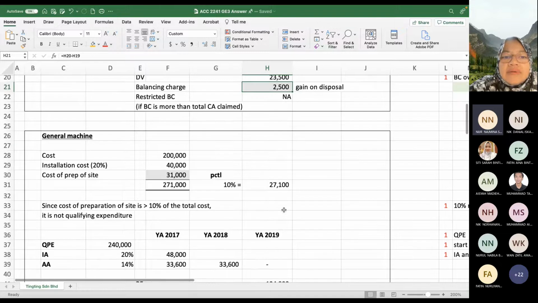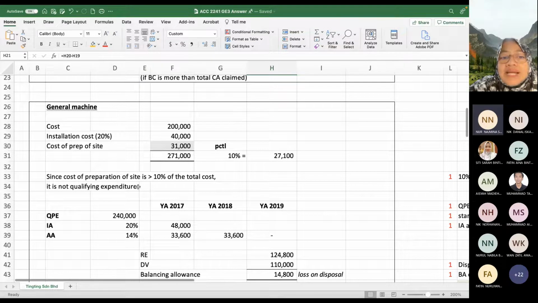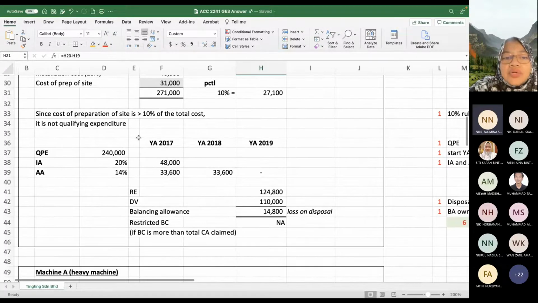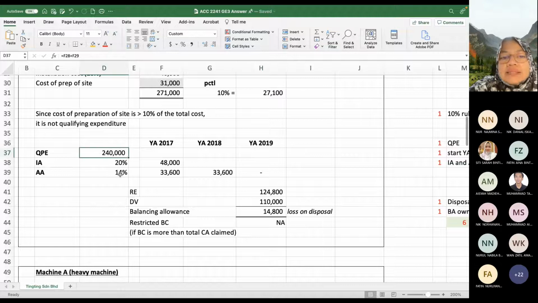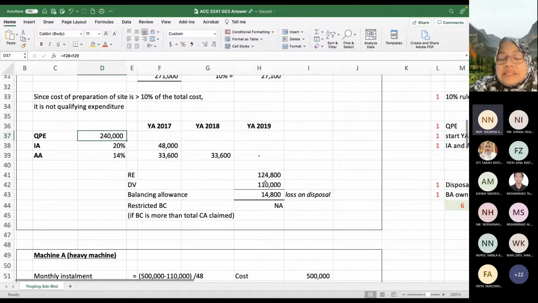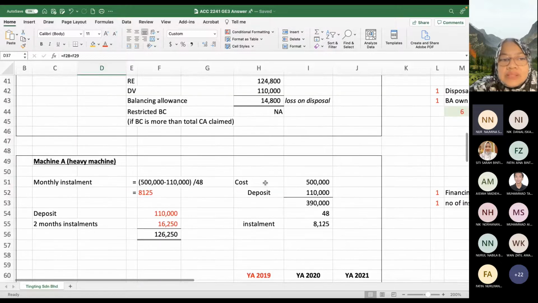If there is a hire purchase, or in this case the 10% rule, you have to show me your 10% rule and explain whether the PCTL is qualifying or non-qualifying expenditure. And similarly, decide on your QPE, show me your rates, the year of the first claim, and when there's a disposal, show me your balancing charge and balancing allowance.